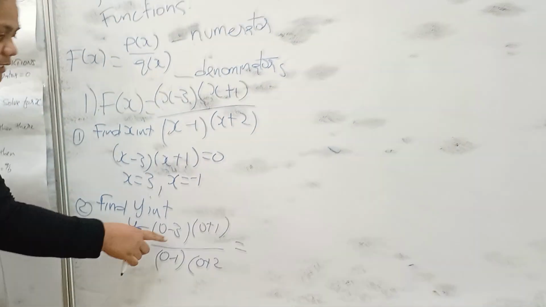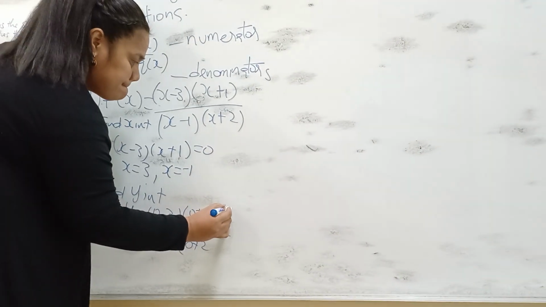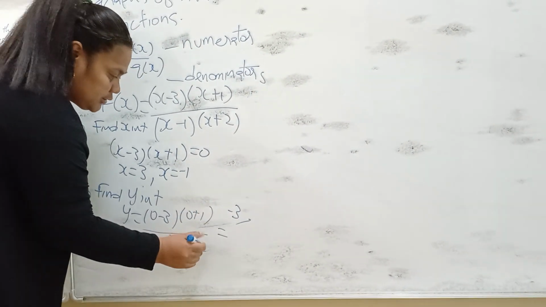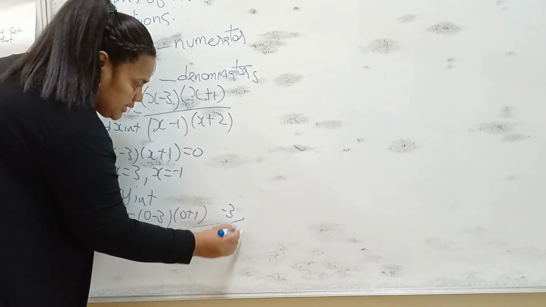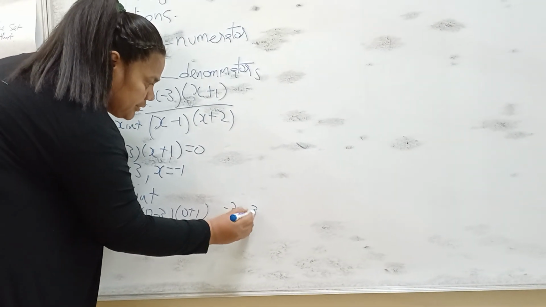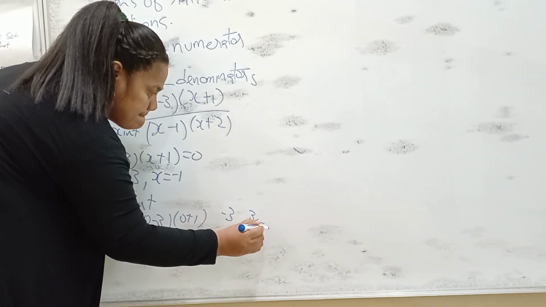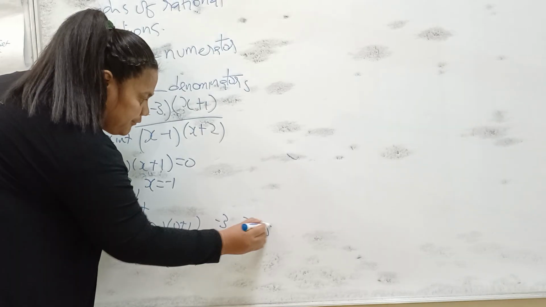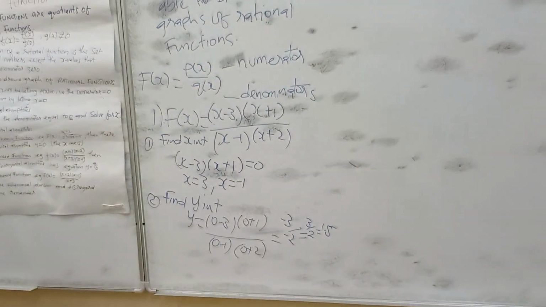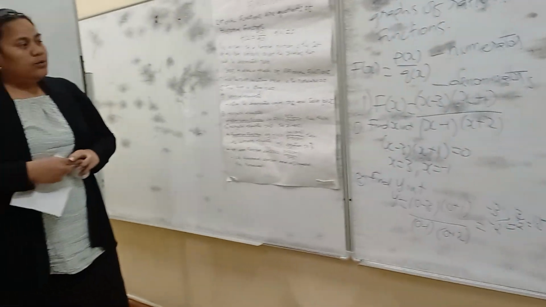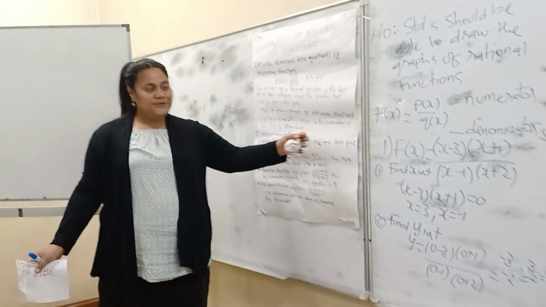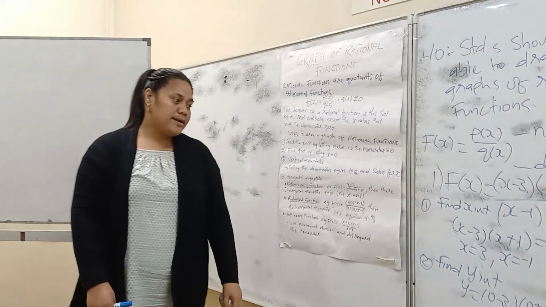Okay, times this one, negative 3 times 1, negative 3. Negative 1 times 2, negative 2. Negative over negative, positive. 3 over 2 is equal to 1.5. So now we know how to find the x-intercepts and the y-intercept.